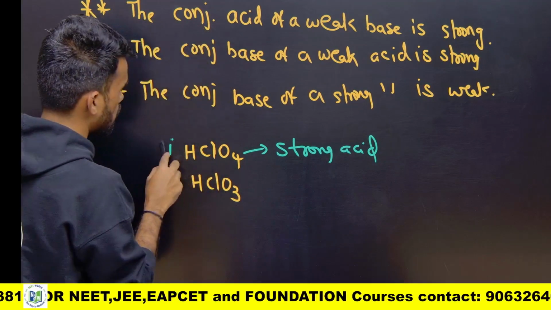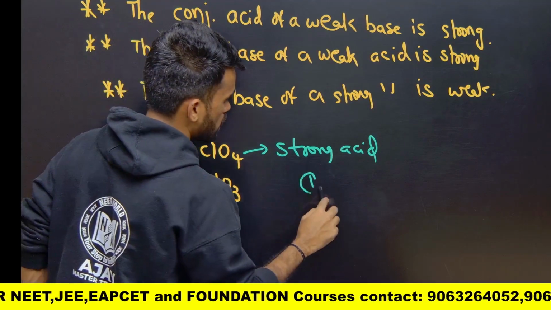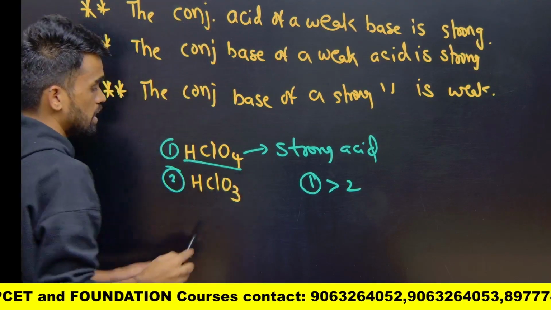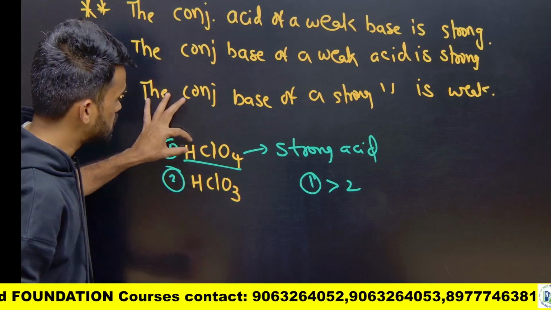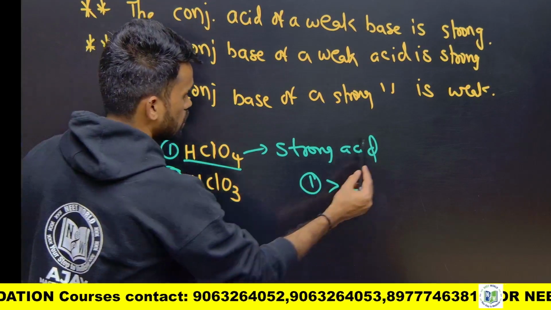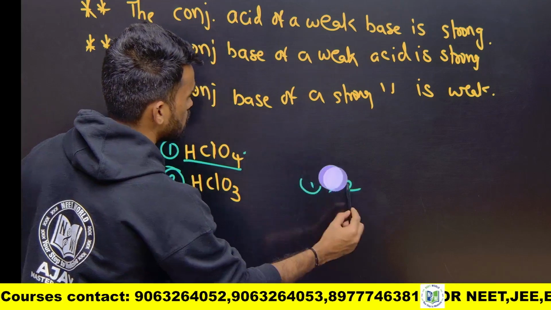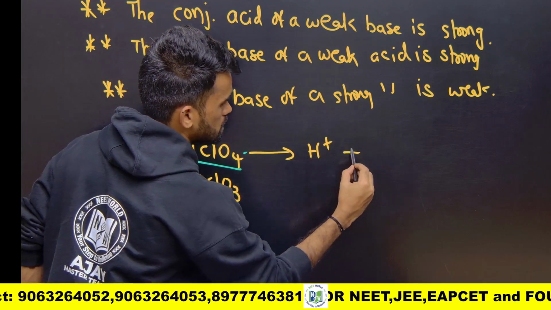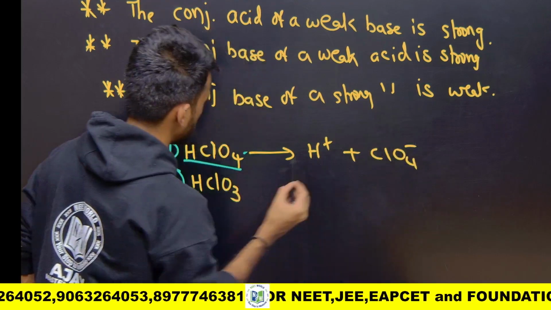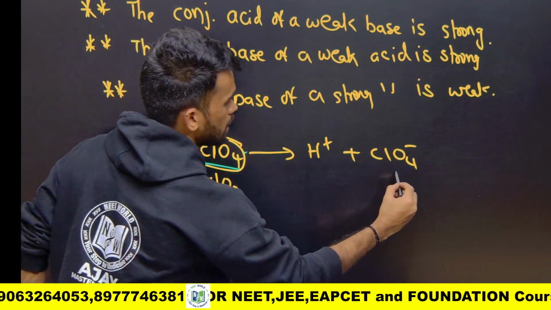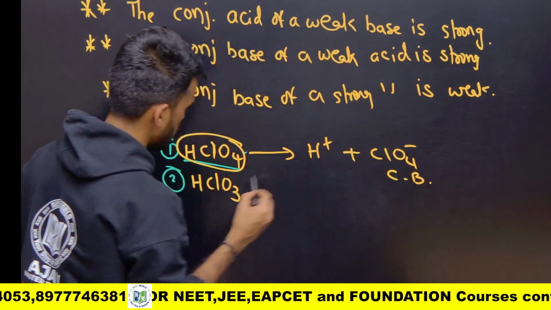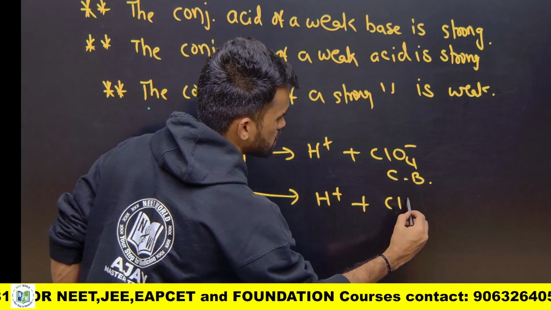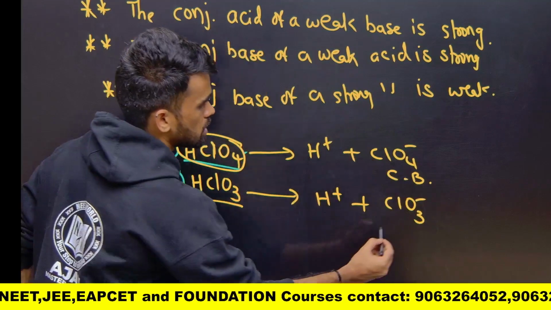So 1 is stronger than 2. Okay, you can remember like that. If this is a strong acid, what is its conjugate base? Just remove the H plus ion from here, and we'll get ClO4 minus. So this is an acid and this will be its conjugate base, and from this also if the H plus ion is released, we will have ClO3 minus, right? This is a conjugate base.